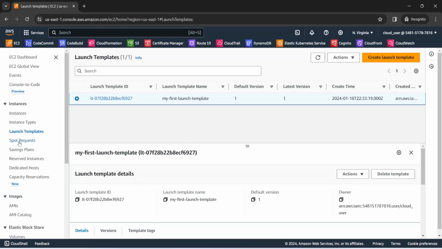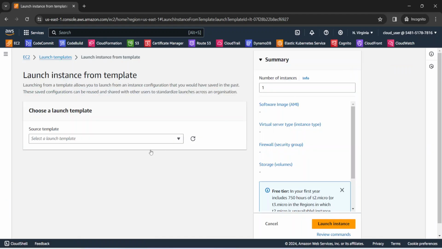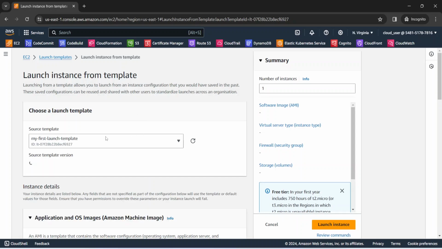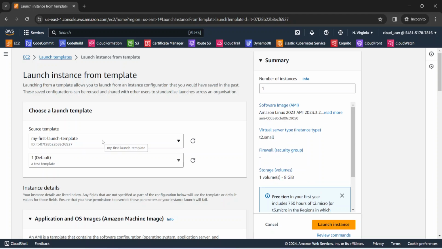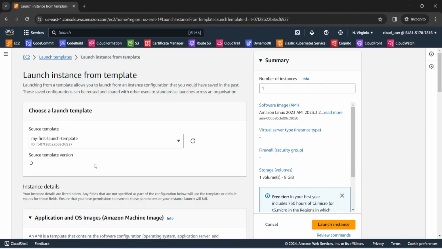So under the launch template section, under actions, we have launch instance from a template. So when we hit that, we come to the source template here. It says the version is 1, which is default, and the source template says my first launch template since we have created it just now.